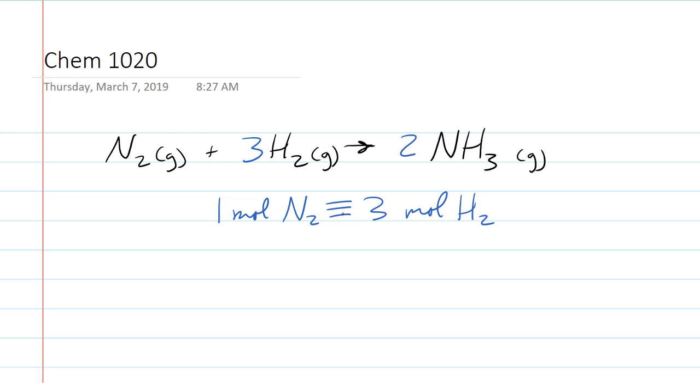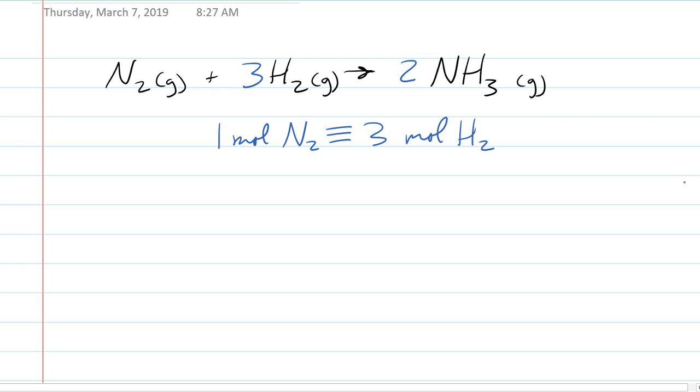Now, if we want to do another problem here, let's try this one. And now we're going to do this with respect to the amount of hydrogen and ammonia. So let's figure out what is the mass of hydrogen, not the mass.